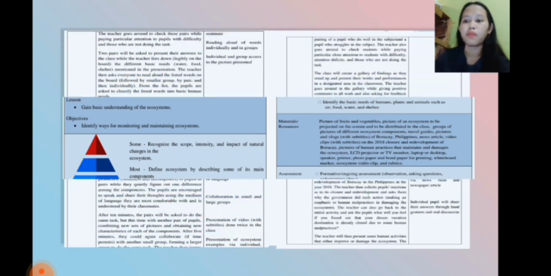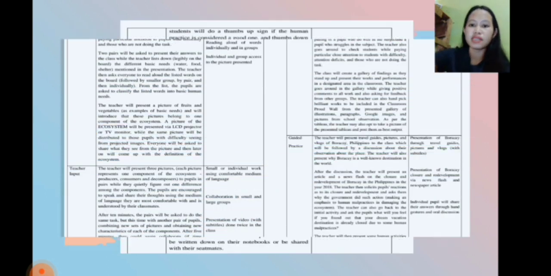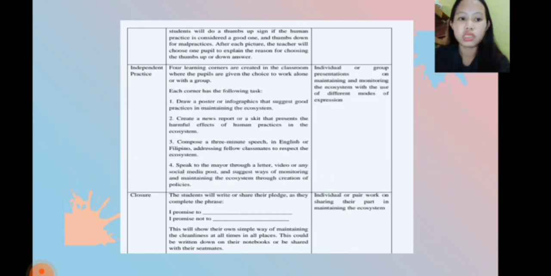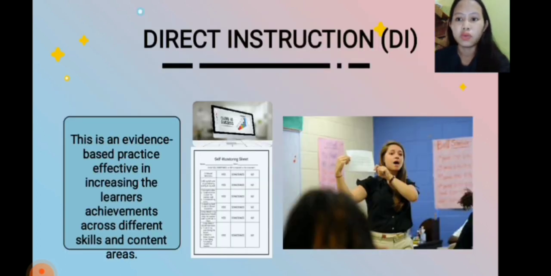So the second approach, we have direct instruction, or DI. This is an evidence-based practice effective in increasing the learner's achievement across different skill and content areas.